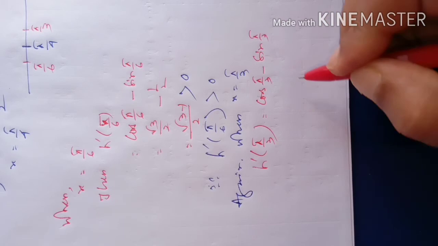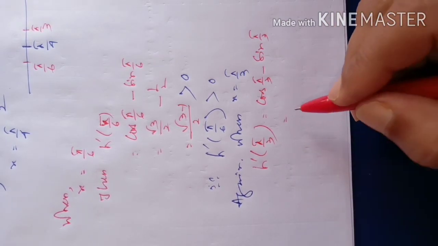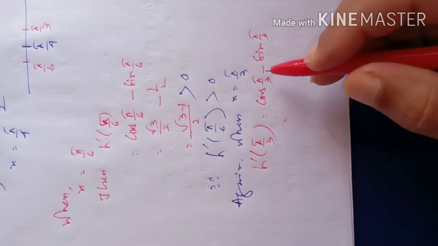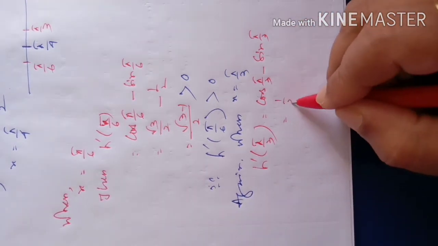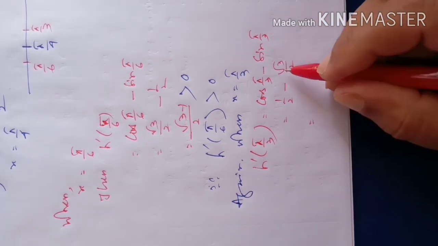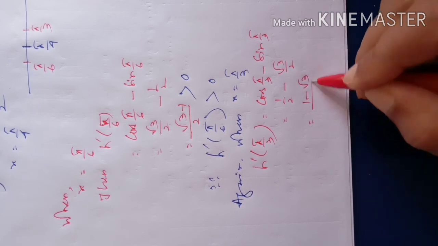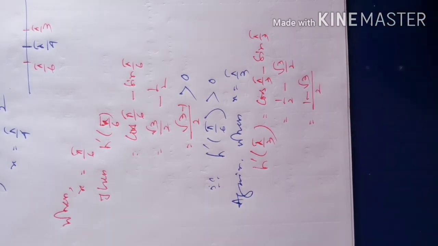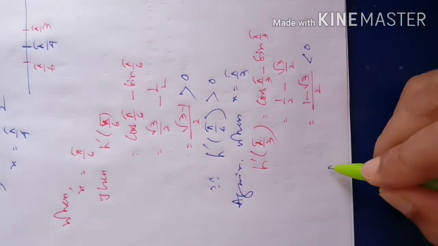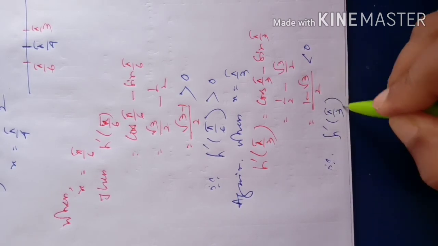Cos pi by 3 is cos 60, that means 1 by 2 minus root 3 by 2. Root 3 is greater than 1, so 1 minus root 3 gives a negative quantity, which is less than 0. That is, h dash pi by 3 is less than 0.